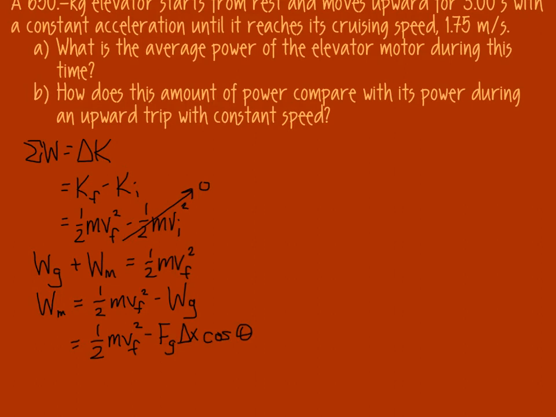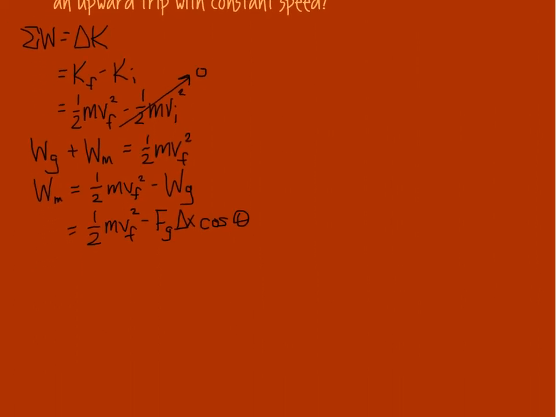It's time to start plugging some numbers in now. So I have 1/2 times the mass, which is 650 kilograms, times the final velocity, which was given to us as 1.75 meters per second. Don't forget to square that value.